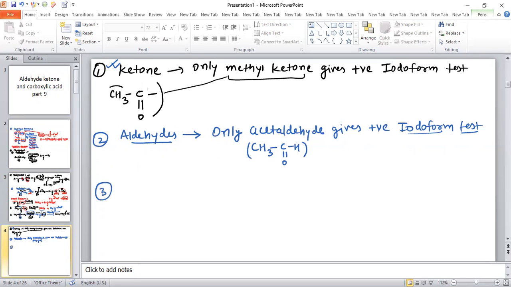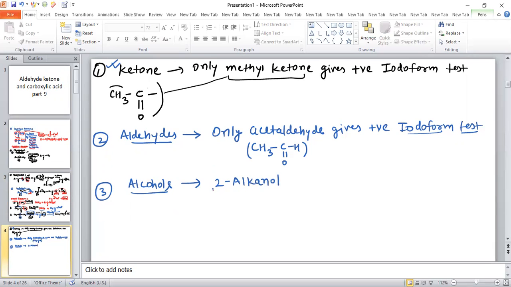Now we are going to discuss alcohols. Which alcohols will give a positive iodoform test? Whenever there is a 2-alkanol, what is a 2-alkanol?